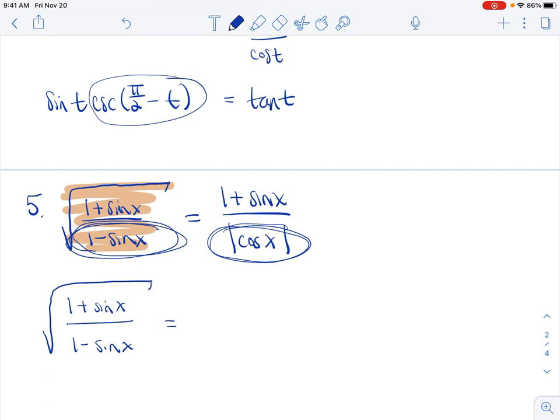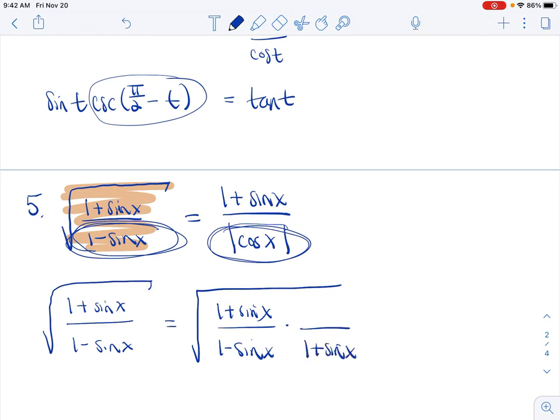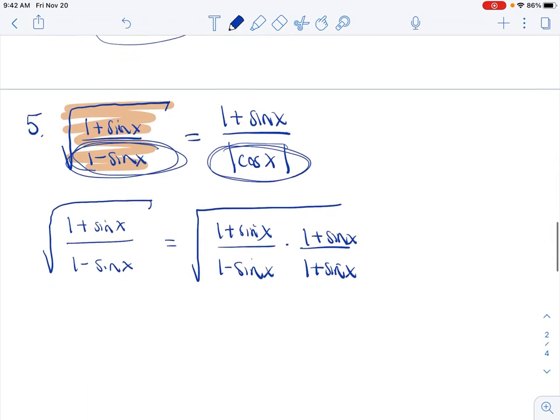Because, if I multiply, ooh, that is a rough square root. If I multiply by the conjugate of the denominator, and this is similar to what we did in the notes, then I might be able to get out something that's on my identity list. And again, this just comes with practice to recognize that.